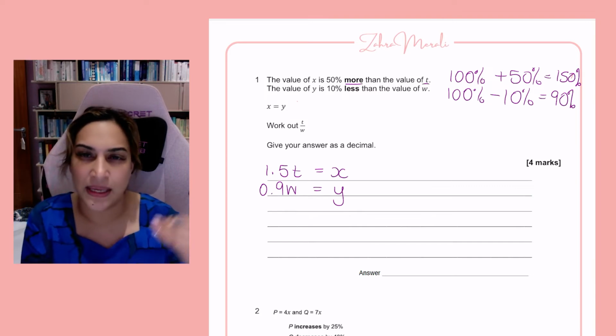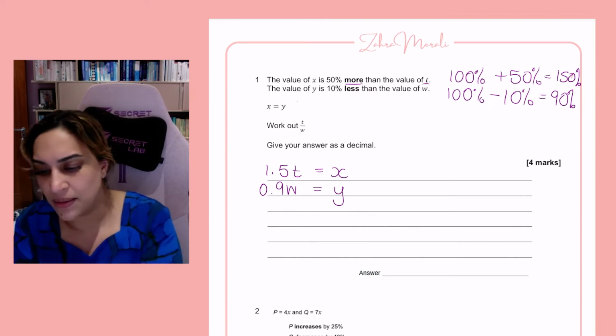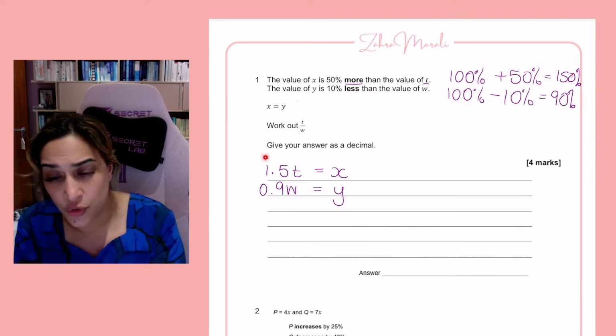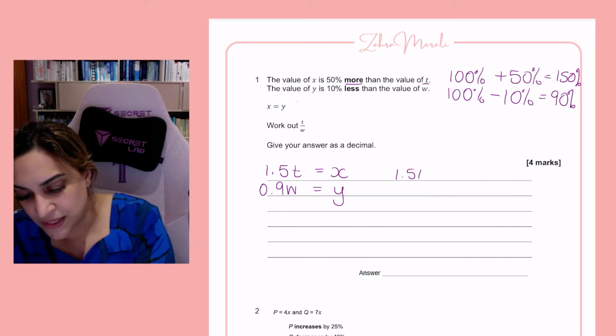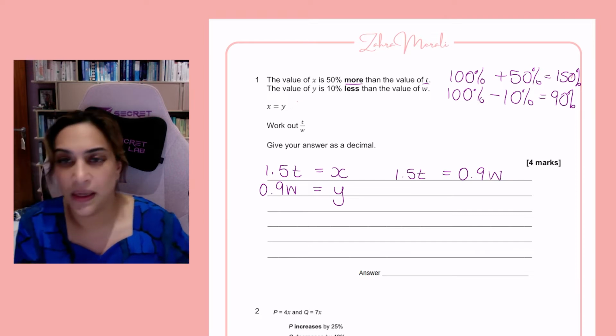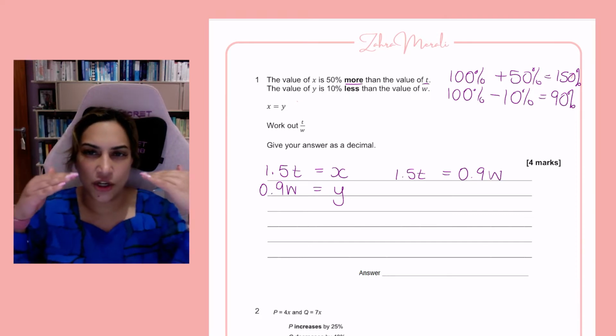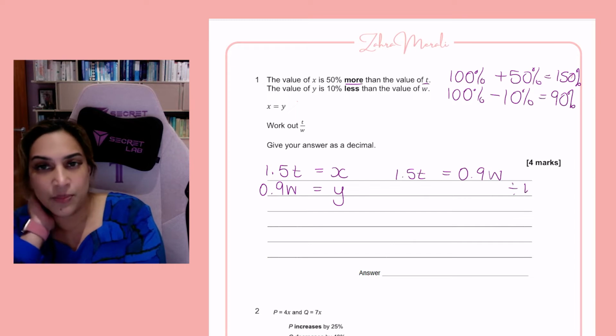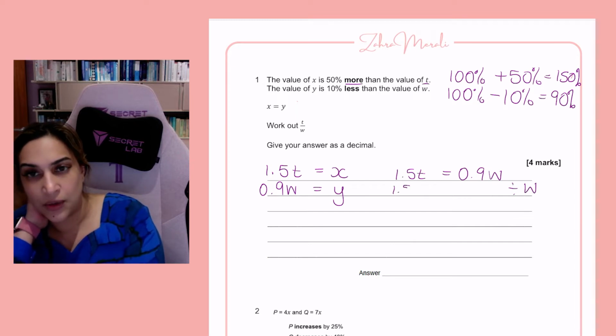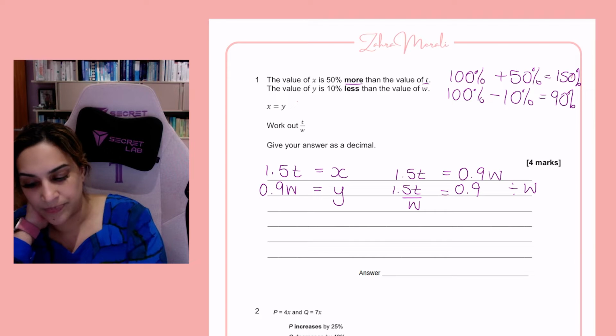The next line tells me x equals y, so I can make these two equal to each other. I get 1.5t equals 0.9w. I want to end up with t over w and an answer as a decimal, so I'm going to divide both sides by w. I get 1.5t over w equals 0.9.